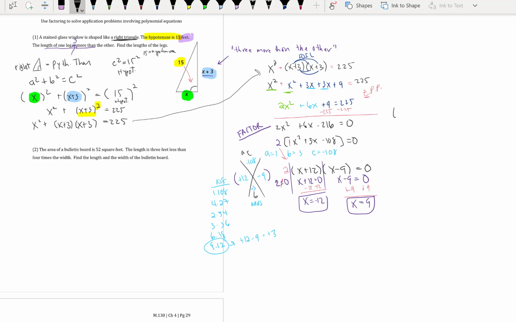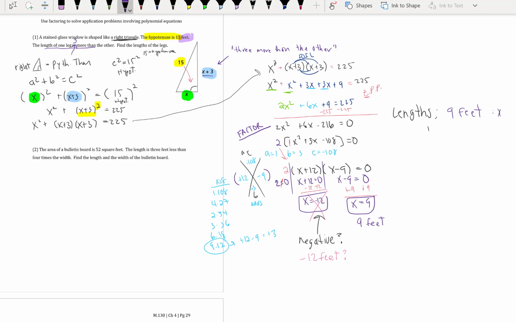So the lengths of the windows would be, well, can it be negative? Can length ever be negative? No, you can't ever have negative 12 feet. That doesn't make sense. So we throw that answer out. But we do have a possibility of having 9 feet. So we can say that we have one that is 9 feet.